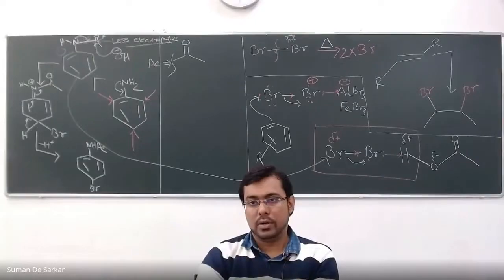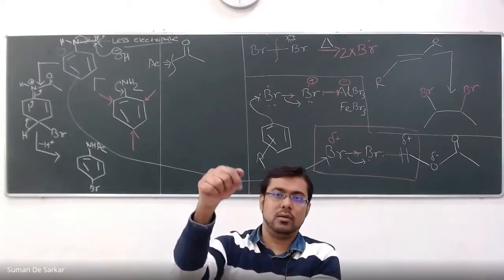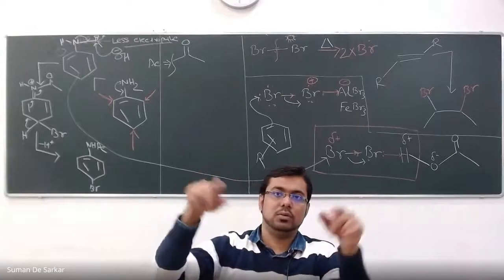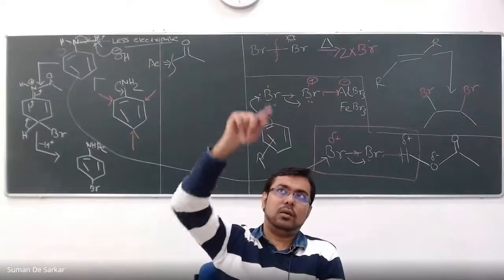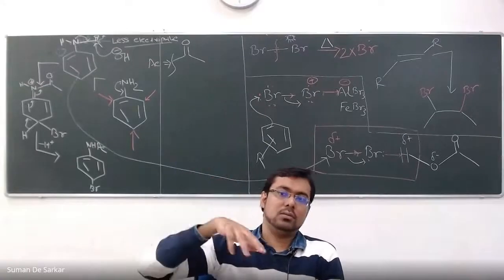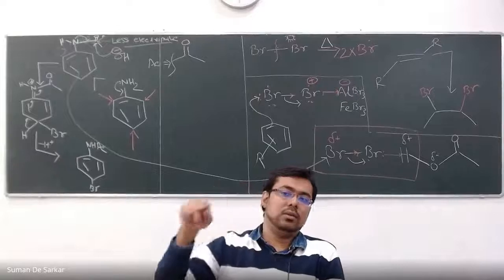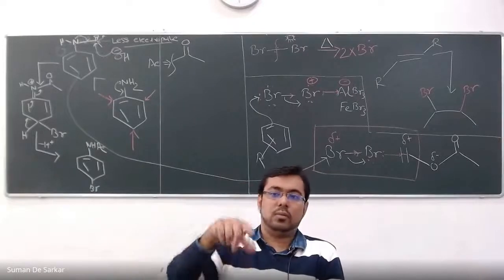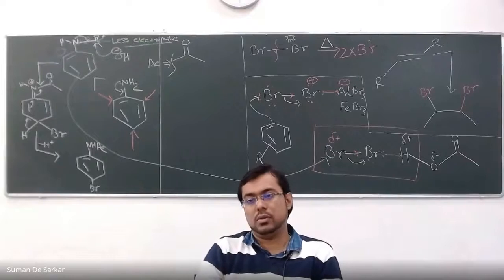It's always comparative. If you see the energy profile of the attack of bromine at the para and ortho positions, the activation energy for ortho attack will always be higher compared to para. So at low temperature, it will prefer the low energy pathway. That's why it goes to the para position as the dominant product.